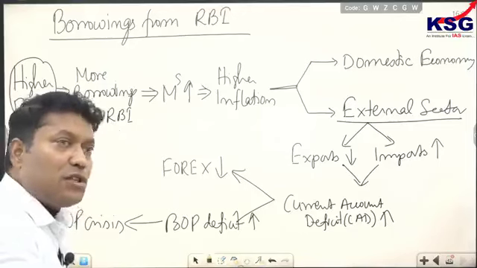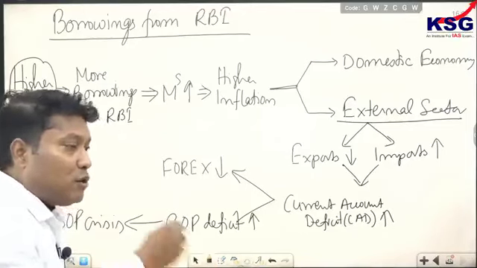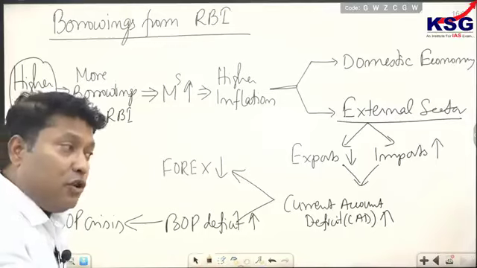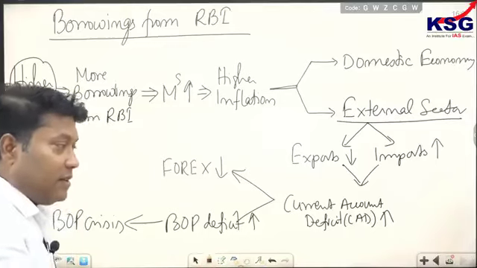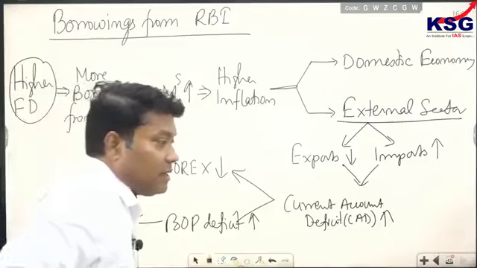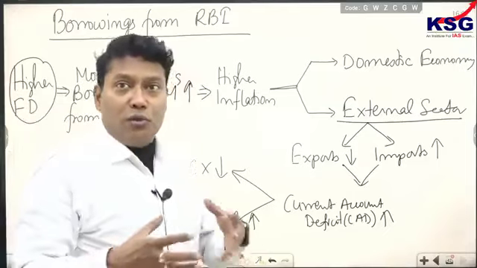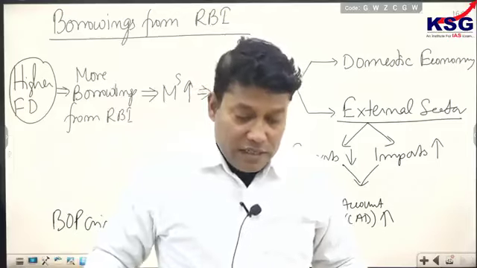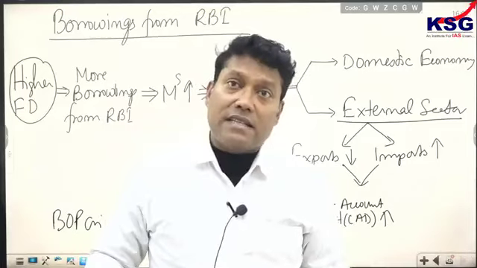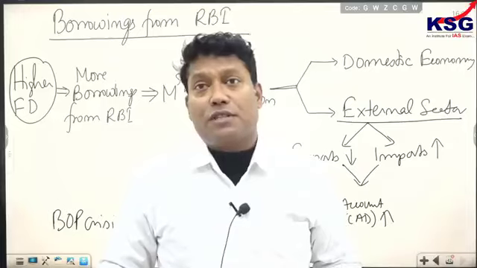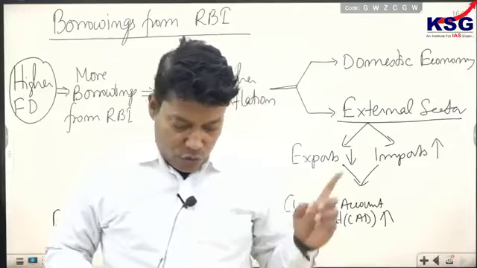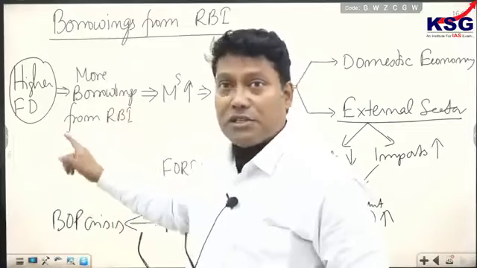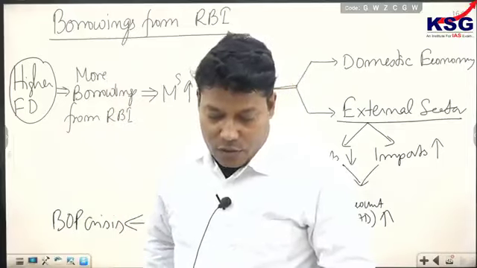There is a limitation of resources, but you are spending more because you want to stay in power and manipulate the public. So in this way you always keep a deficit and use borrowings. Finally, it is going to create problems for the states overall, and all of us are going to face this problem. Clear? So you write this flow chart, and the impact from here to here I will discuss tomorrow. Okay, thank you everyone.